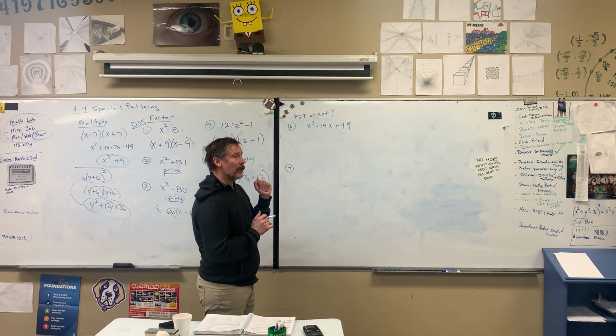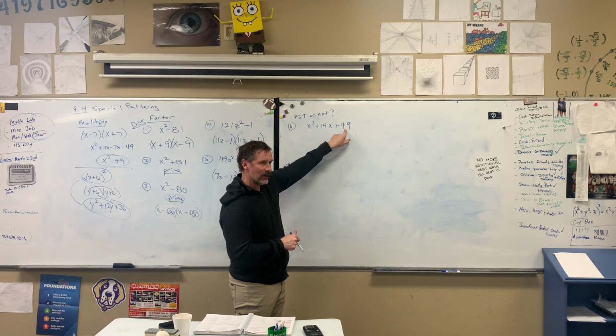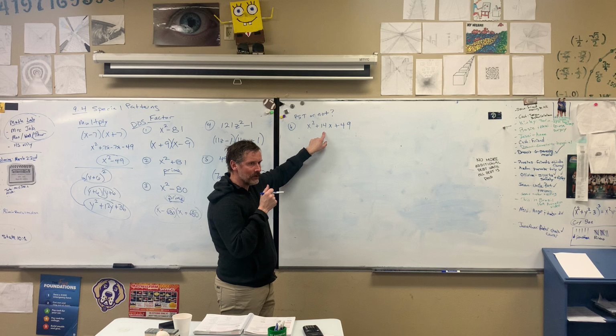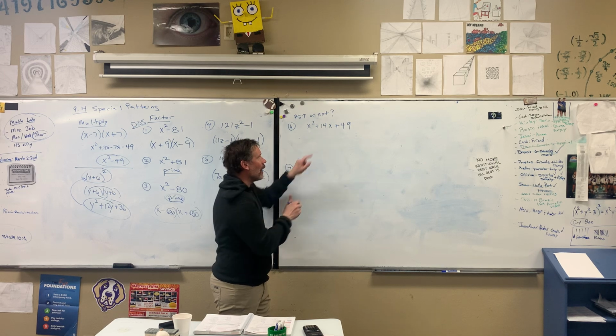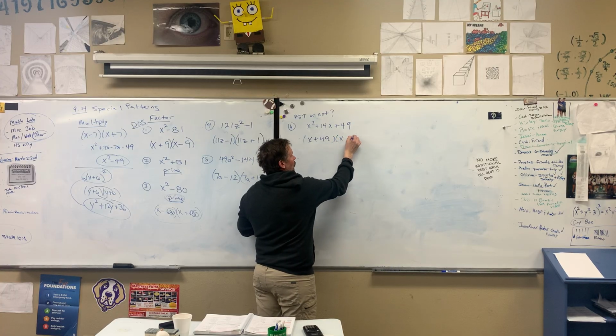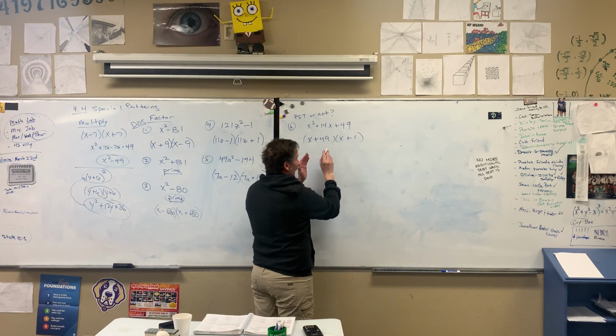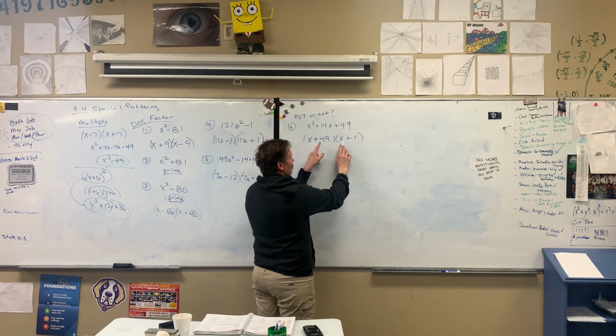So, perfect square trinomial. We can actually check by doing this. Is this being squared? Check. Is this being squared? Check. It is a trinomial. Check. However, is this x plus 49 times x plus 1? Because that's not a perfect square. That's something different times something different, right? And if we check that, 1x and 49x gives me 50x. That's not what I want.